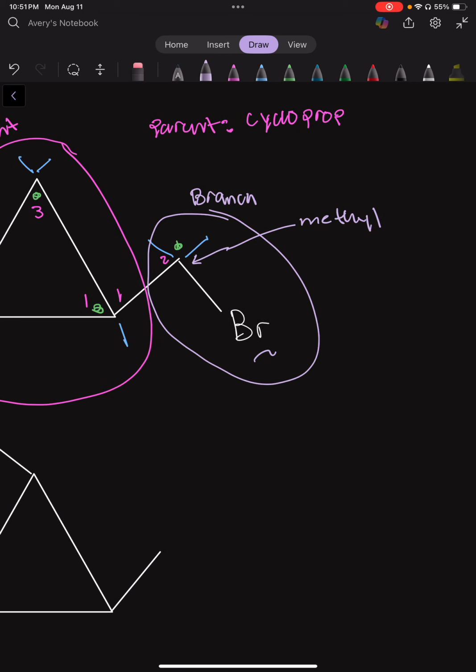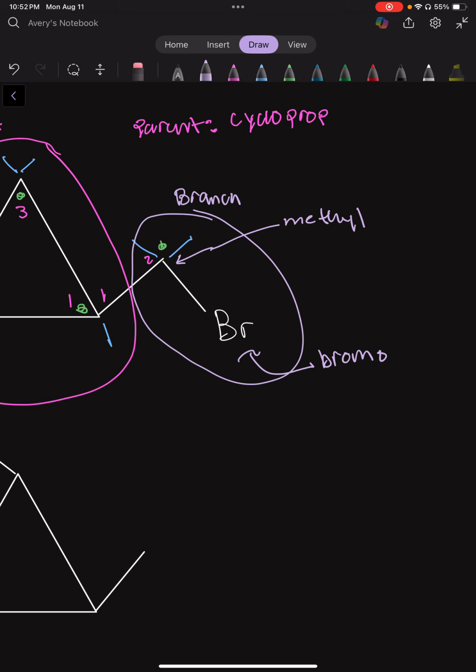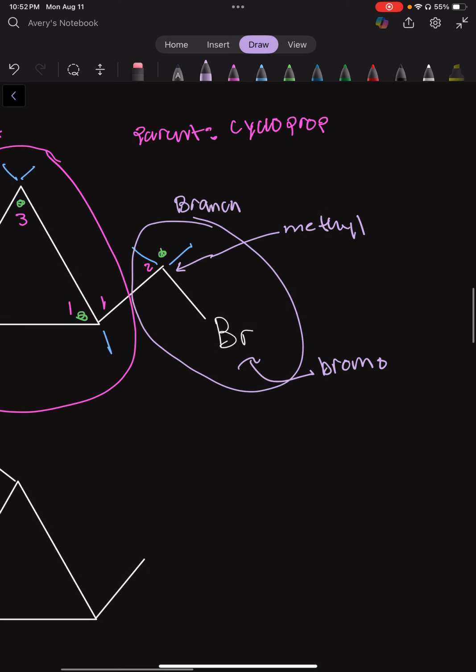And then right here is going to be our bromo, because it is a singular bromine. And the meth is the prefix for one. And the yl is the suffix for branch, because there are no other functional groups attached to it.